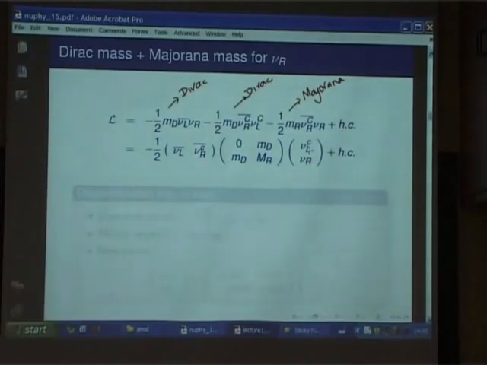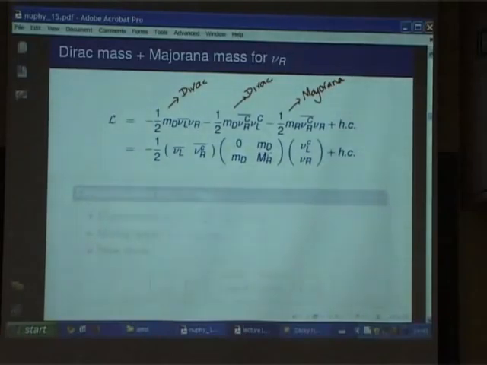So we do what we naturally do: we diagonalize this and see what happens. There are some Dirac masses, some Majorana masses, and it's not clear what things are.